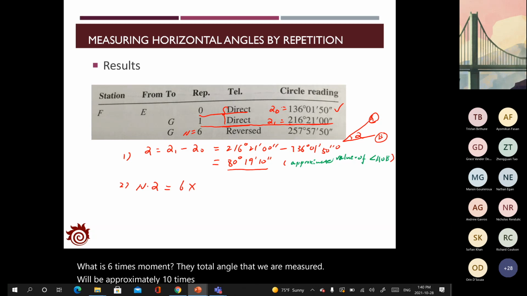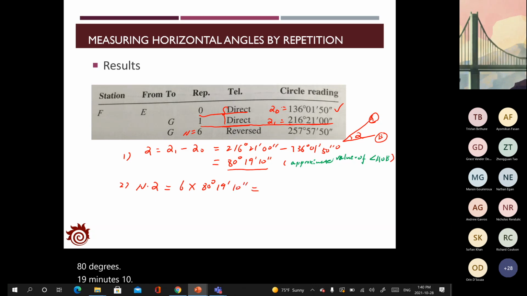So that will be 6 times 80 degrees, 19 minutes, 10 seconds. Again, this is still the approximate value.